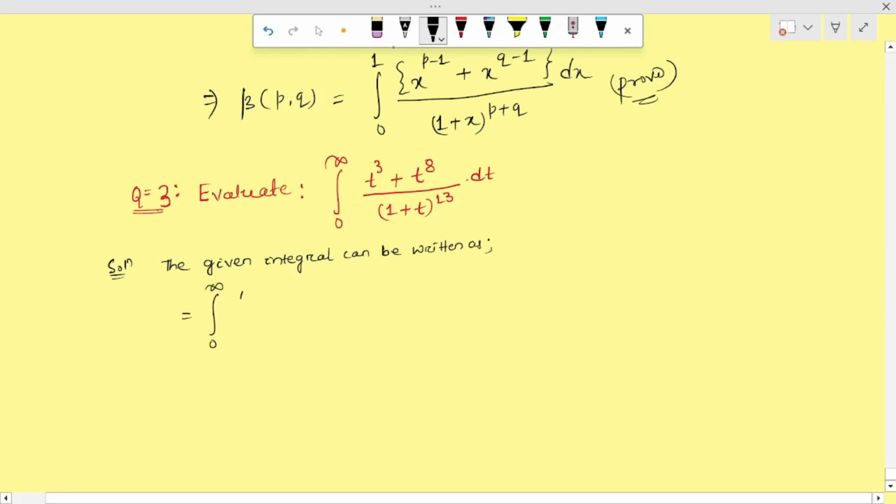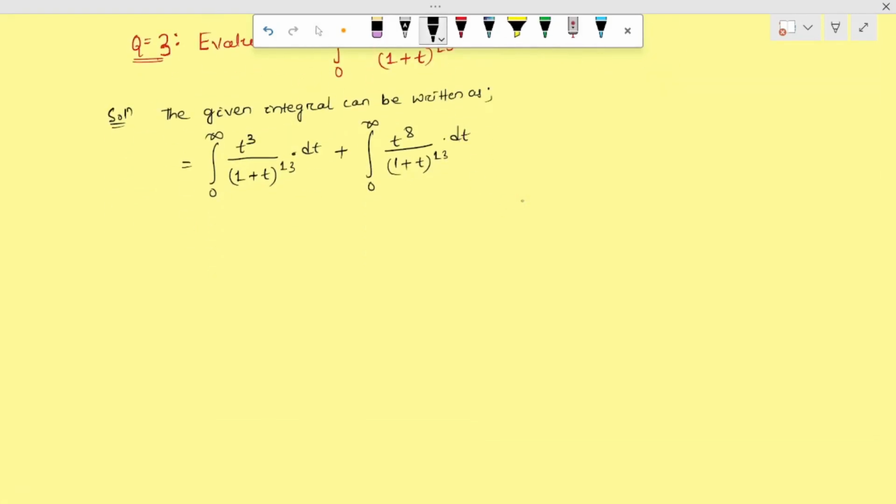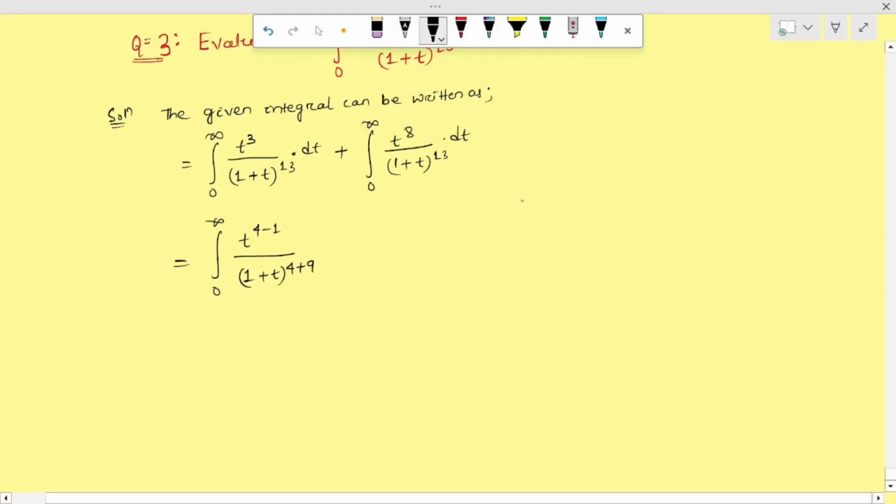I am going to segregate it into two integrals: t cube by 1 plus t to the power 13 dt, plus another integral, 0 to infinity t to the power 8 by 1 plus t to the power 13 dt. Is equal to 0 to infinity, here t to the power 3 can be written as 4 minus 1, by 1 plus t to the power, this 13 can be written as 4 plus 9, dt.